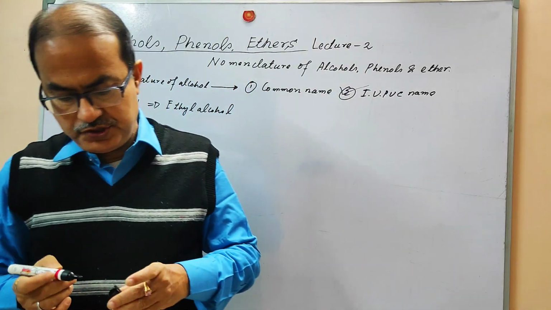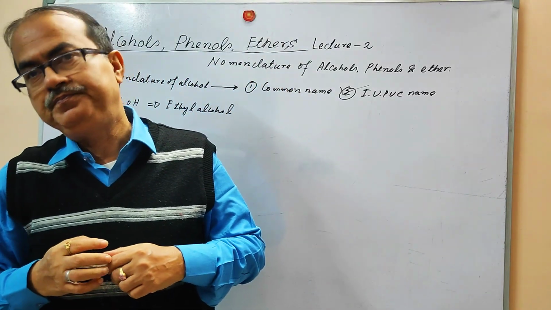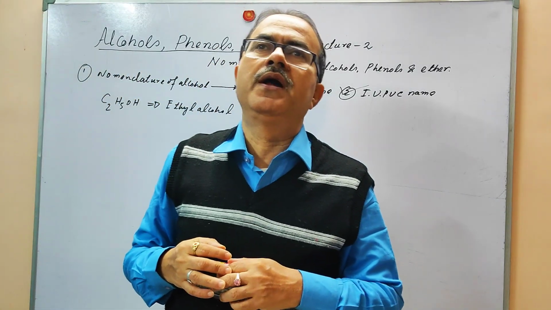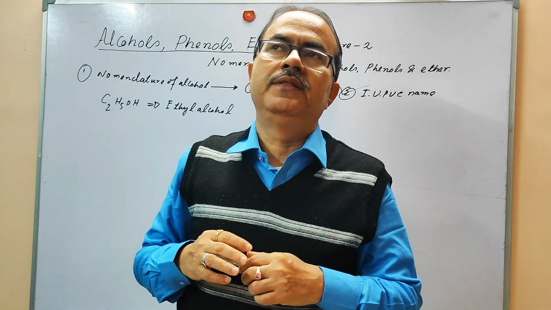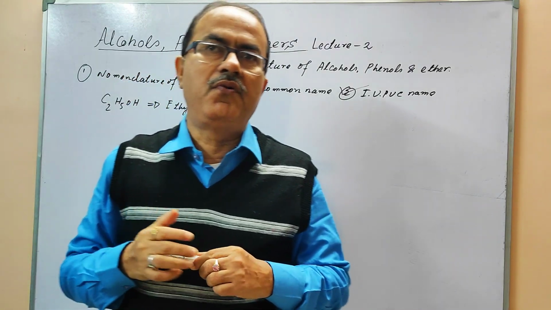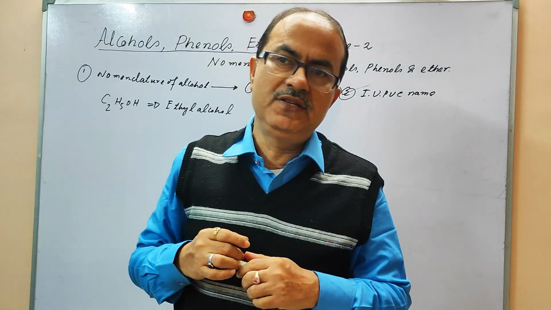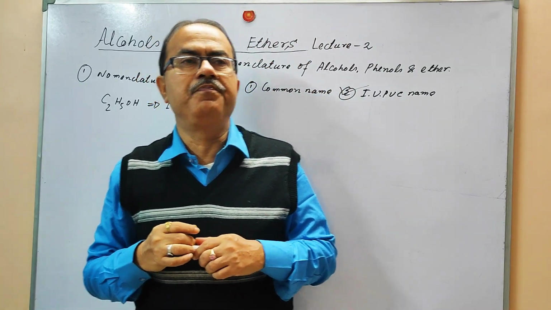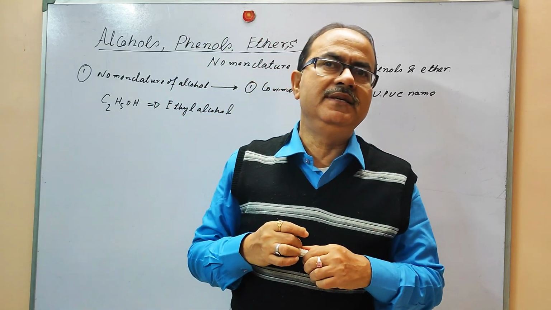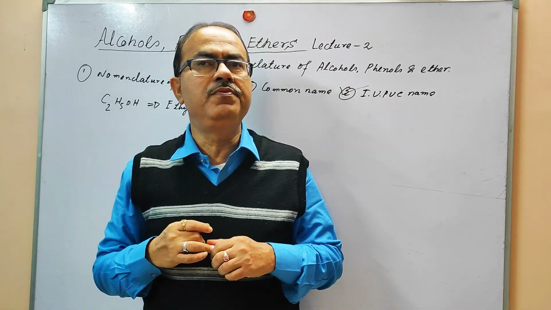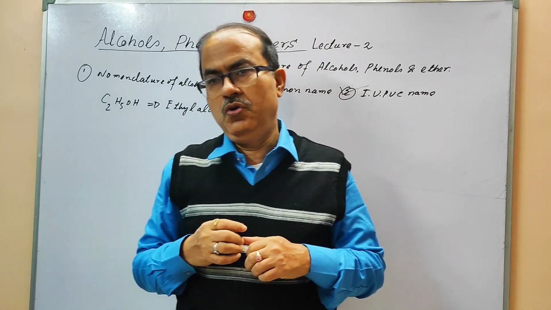But in the IUPAC system, there are some rules that we need to remember while framing the name of this organic compound. In IUPAC, the name is derived from the name of the alkane from which this alcohol is prepared. The E of the alkane you have to omit, and it will be followed by the suffix OL.